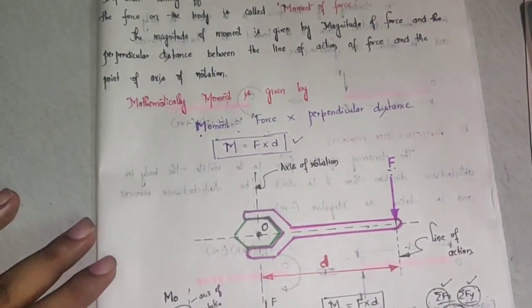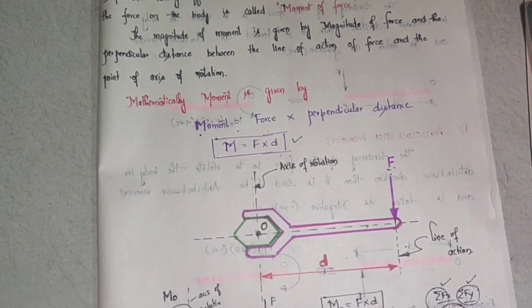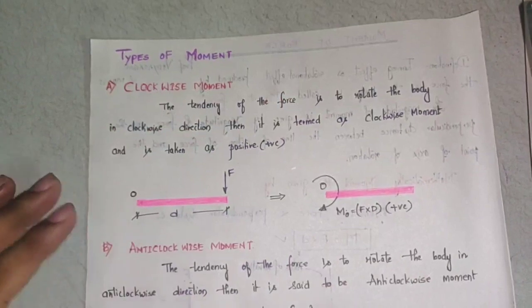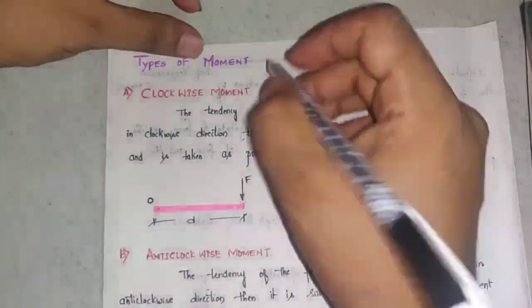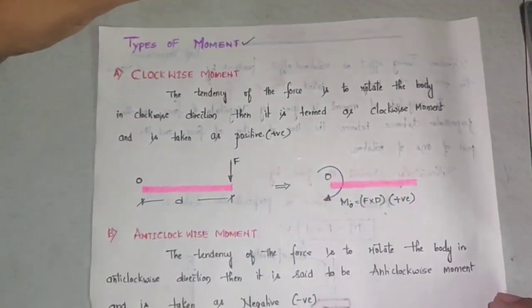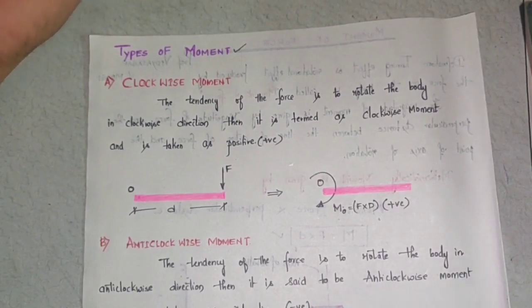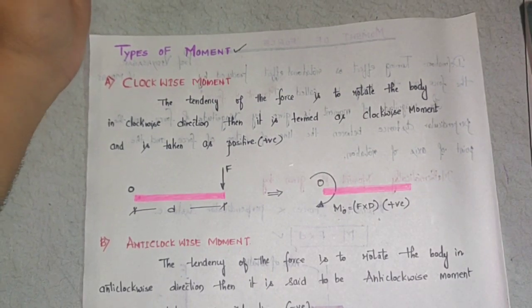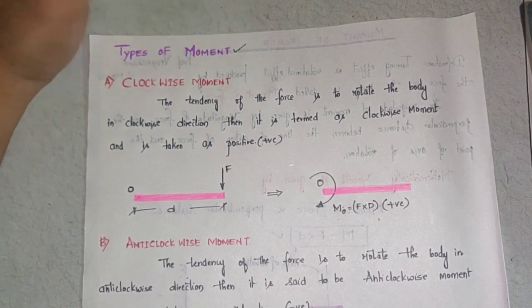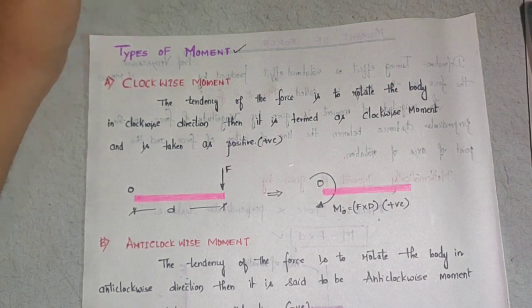Moving on to the next, types of moment. The rotation effect on the object about any particular point depends on what direction the object rotates.